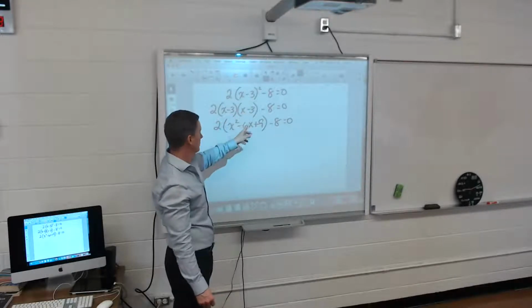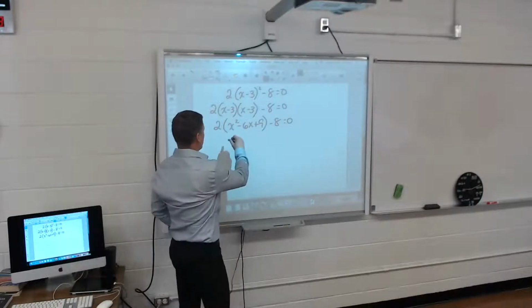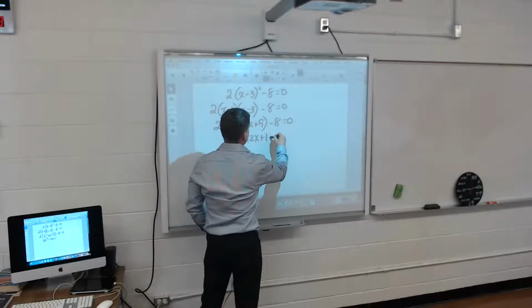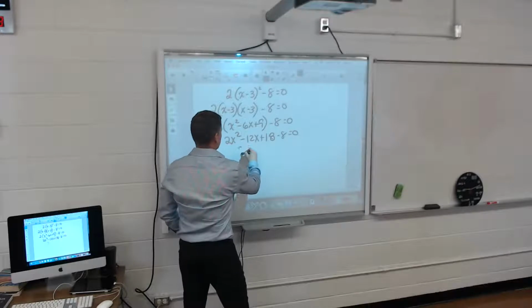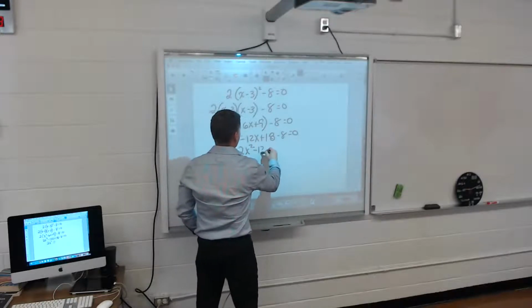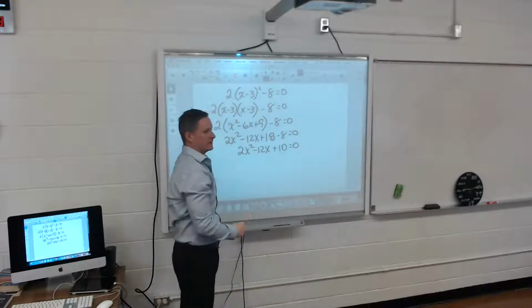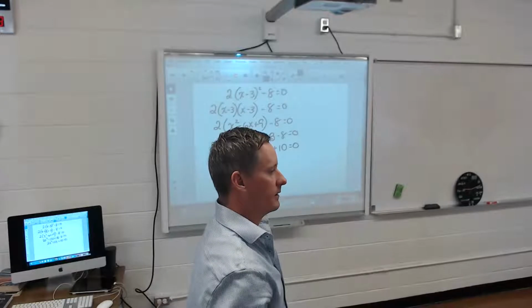Negative 3x, that makes negative 6x. And then I have 9, right? Okay, multiply through: 2x squared minus 12x add 18 minus 8 is equal to 0. So 2x squared minus 12x plus 10 is equal to 0. That's it in ax squared plus bx plus c form. All right.